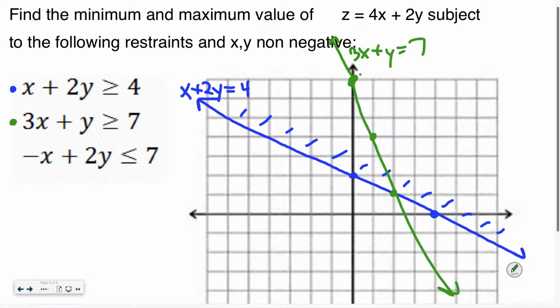It does not. We would have to shade away. And then my red line looks like it's going to have an x-intercept of -7 and a y-intercept of 7/2.